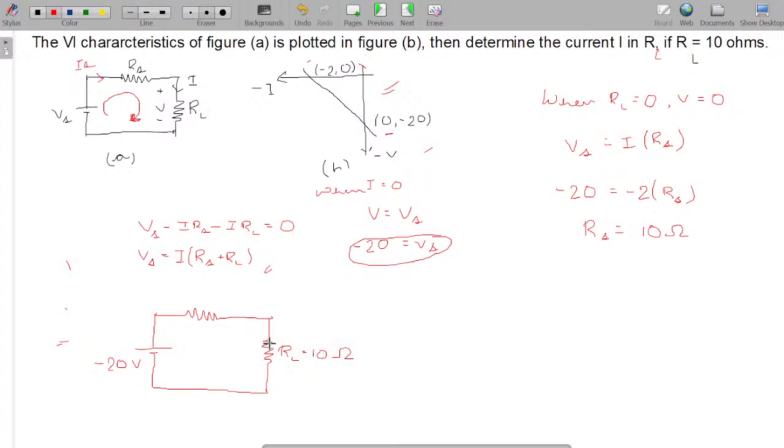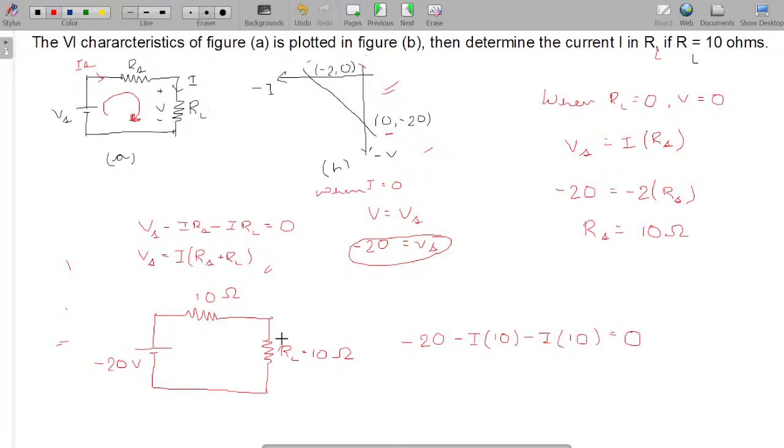This was given in the question itself, and this is something that we have calculated, right? This is minus 20. This is your source resistance, which we have calculated to be 10 ohms, and this is our load resistance, which was provided. Now again applying Kirchhoff's law, can I write minus 20 minus I times 10 minus I times 10 equals 0?